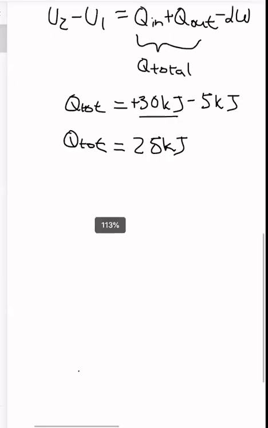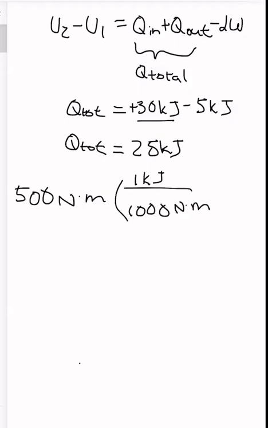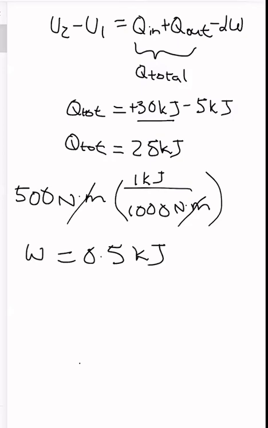So we also need to get our work into different units. We were given 500 Newton meters, and we need to convert this into kilojoules. So we can say 1 kilojoule is 1,000 Newton meters. Cancel our units out, and we get half a kilojoule, which is work. Now we're going to plug everything into our equation.